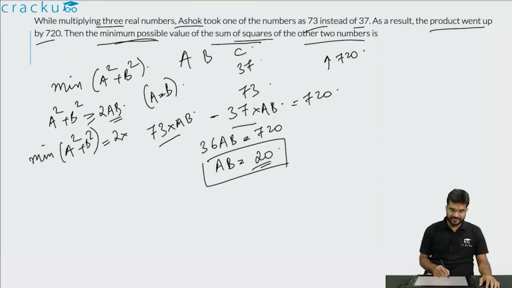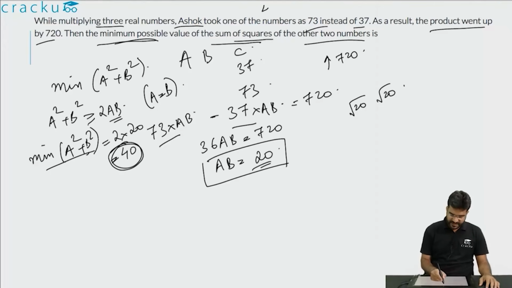The value of AB is 20, so this is equal to 40. So if the other two numbers were equal and they were actually equal to square root of 20 each, that is when the minimum value of A square plus B square occurs, and it will equal 40. So the answer in this case is 40.